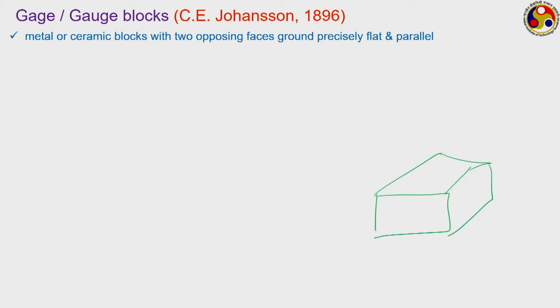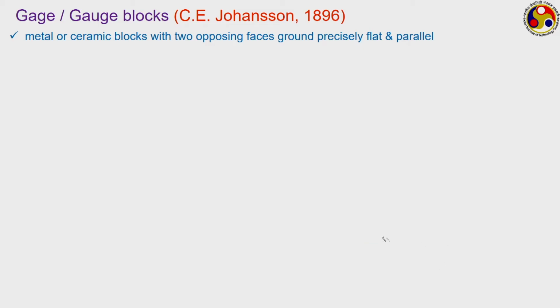Here two opposing faces, like this one and the one below it, have to be extremely flat, and the thickness of the block is the one that we are concerned about to get the measure of any particular length.